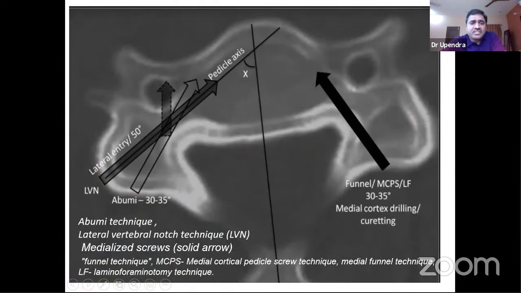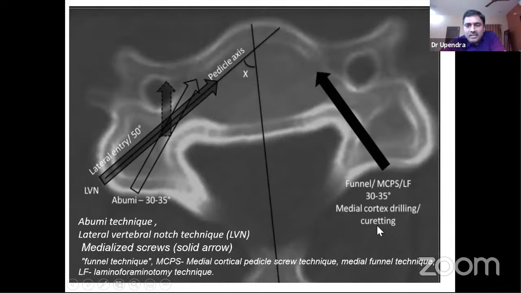Now, if you see the literature till date, you can have 3 sets of pedicle screw insertions. The first is the Abumi technique, going in at an angle of around 30 to 35 degrees. The second is the lateral vertebral notch technique, which aims to put the screw along the pedicle axis at a steeper 50 degrees.